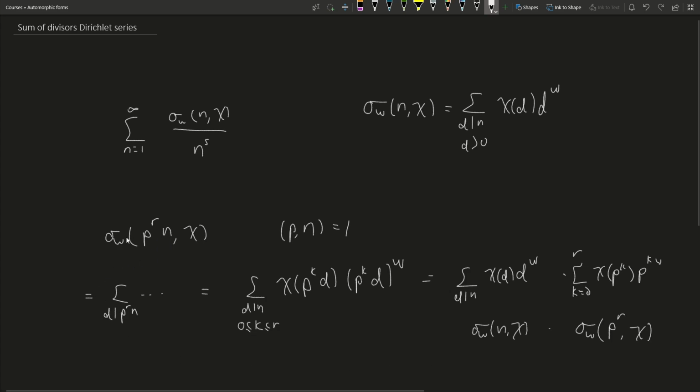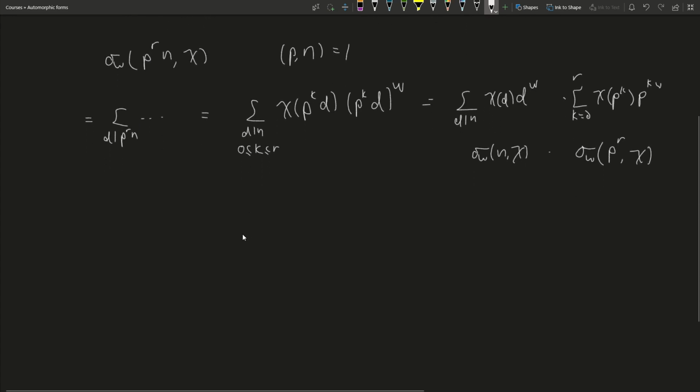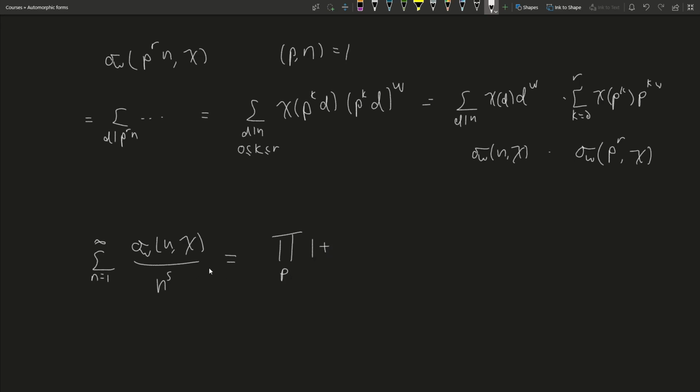So we see that this sum of divisors function is multiplicative, and what that means is that this Dirichlet series, sum n from 1 to infinity of sigma sub w n chi over n to the s, we can do the usual Euler product thing and say, well, for each prime, pick the power of p that you need to build n, and what you end up getting is the following.